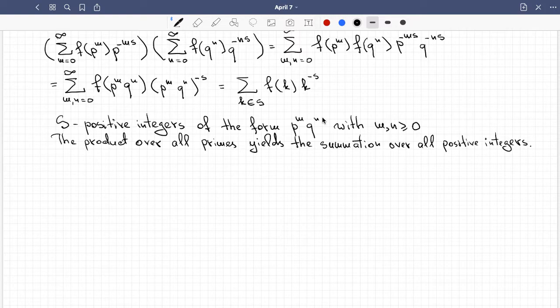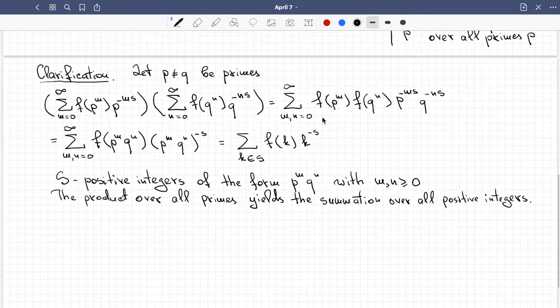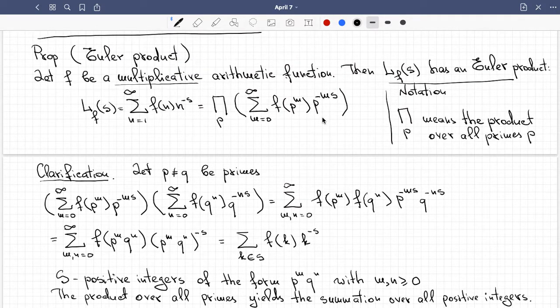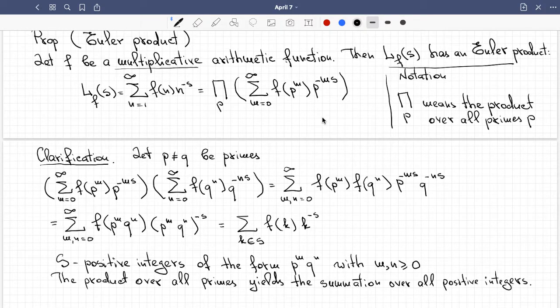So, as an example of Euler product, let us consider our very first example, Riemann's zeta function.